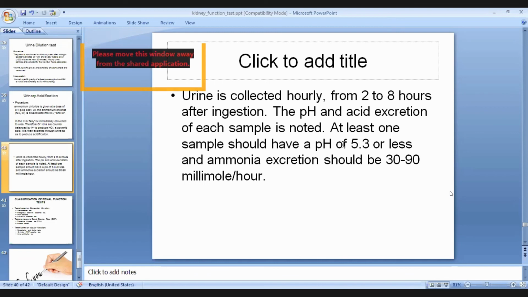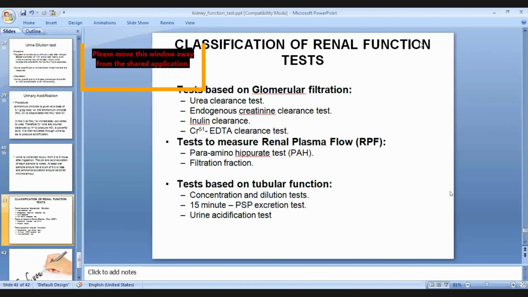These different tests can be done to assess renal functioning. As a general test, we perform urine analysis, and measurement of serum urea, creatinine, protein, in different abnormal conditions. Then tests based on glomerular filtration, which are clearance tests, endogenous and exogenous.